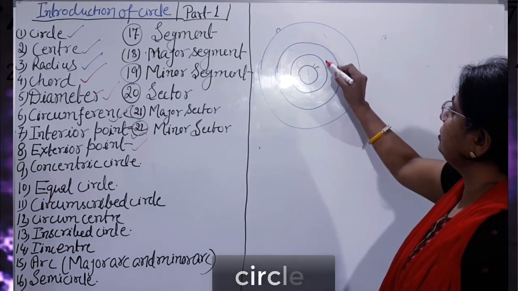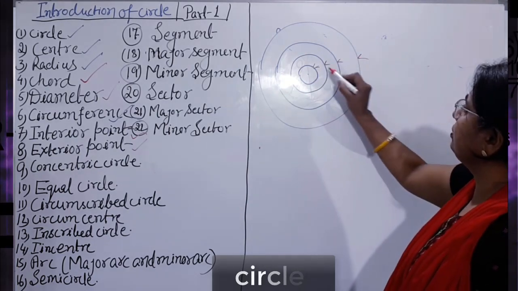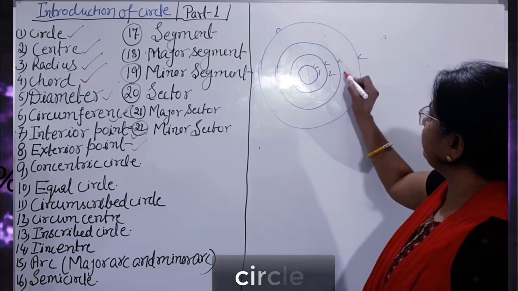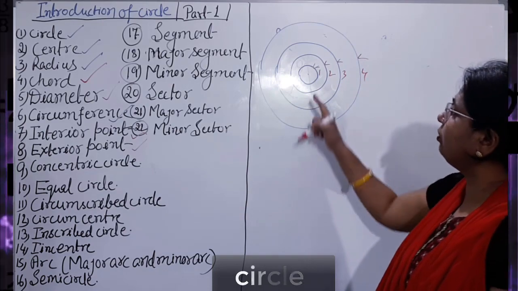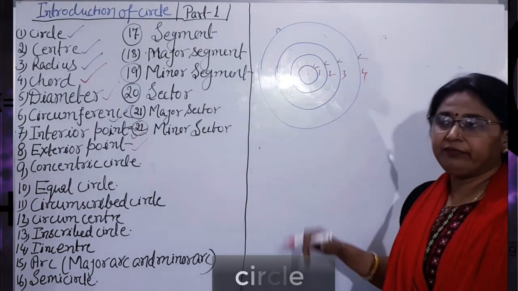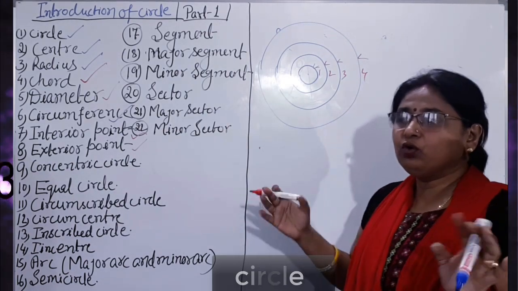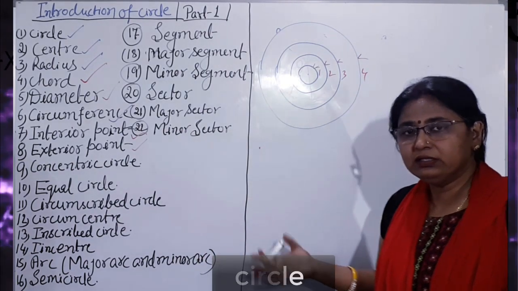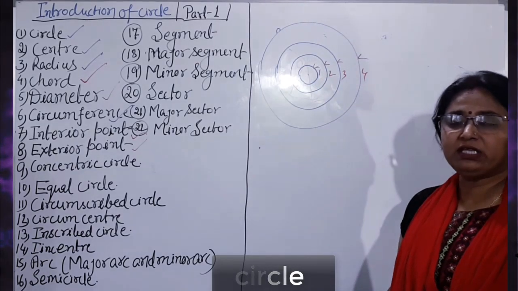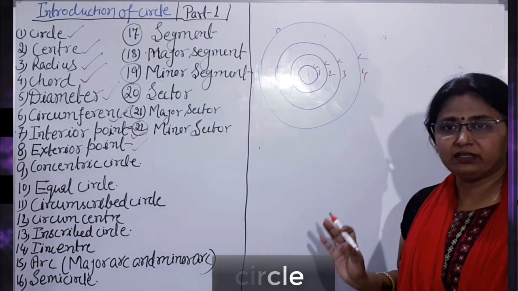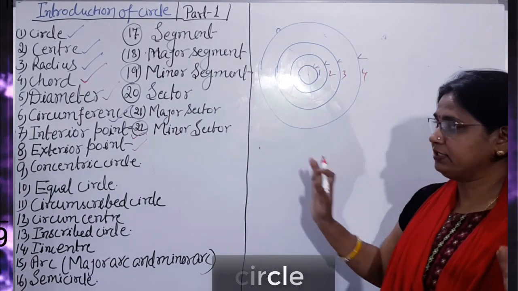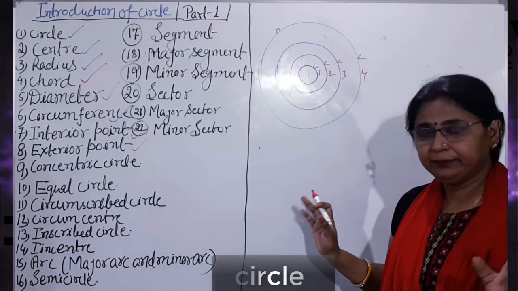All these circles are concentric circles: first, second, third, fourth, all 4 circles are concentric. Definition once again: 2 or more than 2 circles having their common center are called concentric circles. I hope all concepts step by step you are clear.